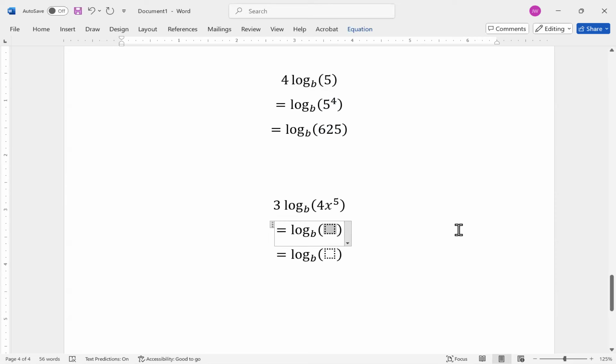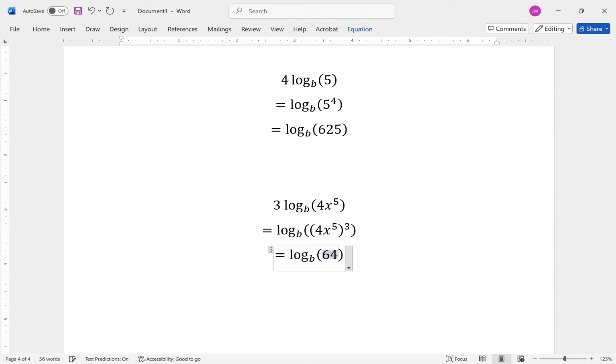With this second problem, it's very important that when we raise the argument to the third power, we're not just raising x to the fifth to the third power. We're raising the entire argument of 4x to the fifth, all to the third power. So I need to make sure that I raise 4 to the third power.